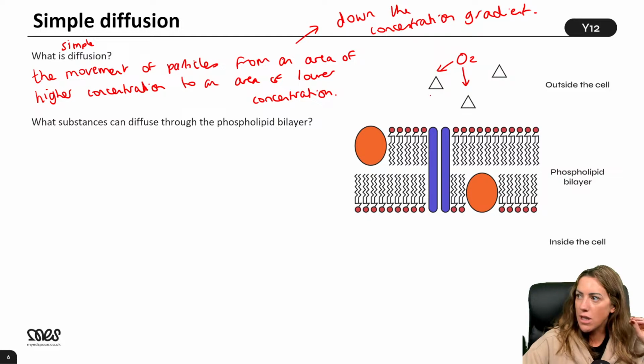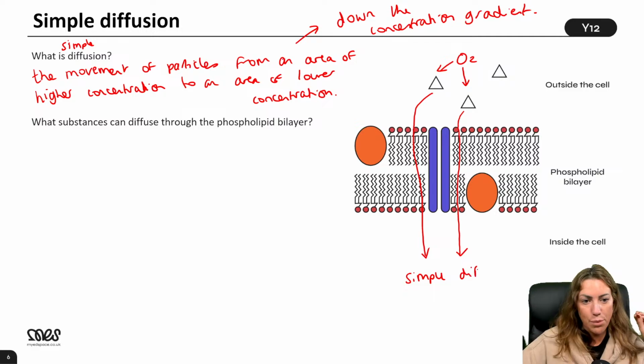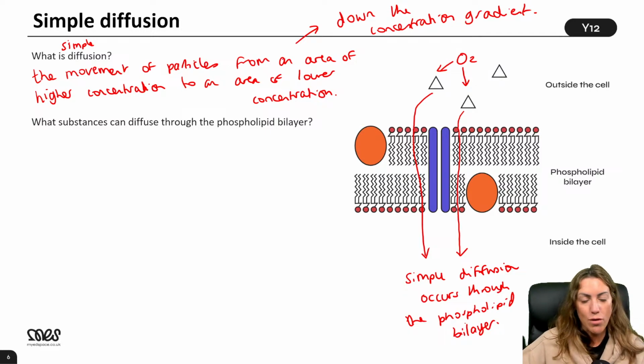So simple diffusion, let me show you how it would work. It would simply diffuse straight through the phospholipid bilayer. Simple diffusion occurs through the phospholipid bilayer, straight through. It doesn't involve a protein. It goes through the phospholipids past the fatty acid tails.